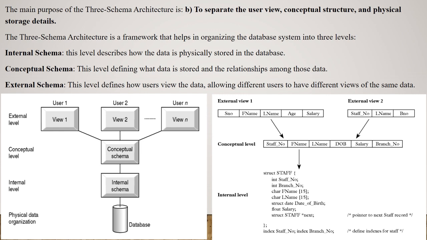Here, the staff structure. The staff table has the staff number as an integer, the branch number as an integer, first name as a char, last name as a char, then salary as a float.